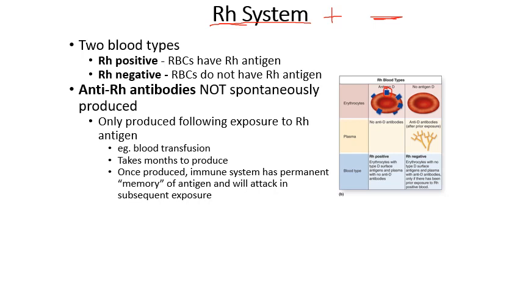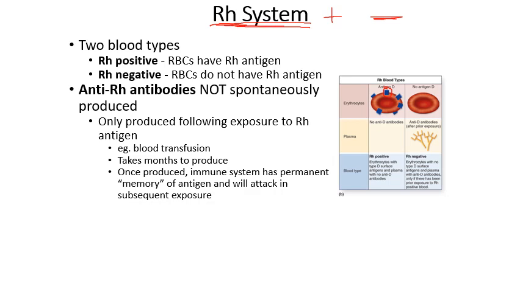There is a difference between this and the ABO system. In the ABO system, these antibodies are spontaneously made, and you don't have to see a different blood type. That is not the case with the Rh system.